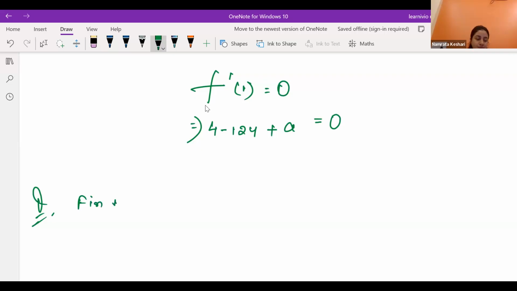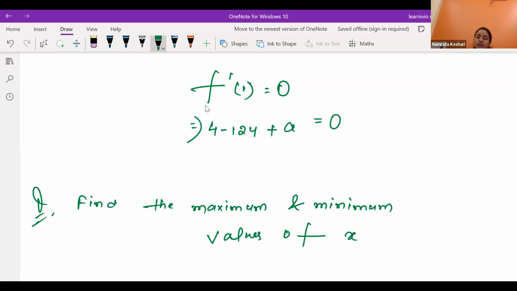Find the maximum and minimum value of x plus sine 2x on 0 to 2 pi.